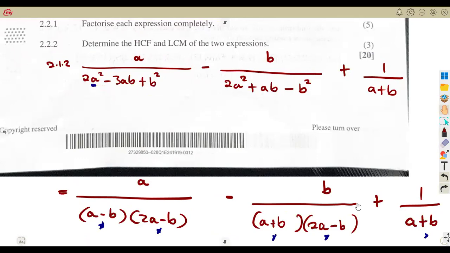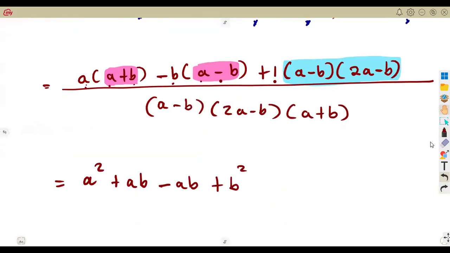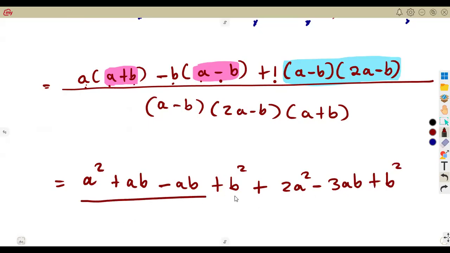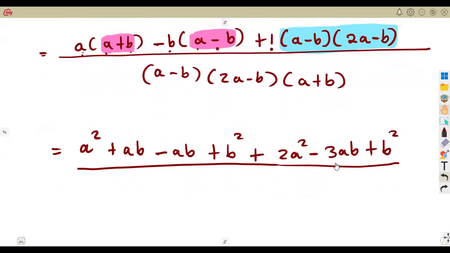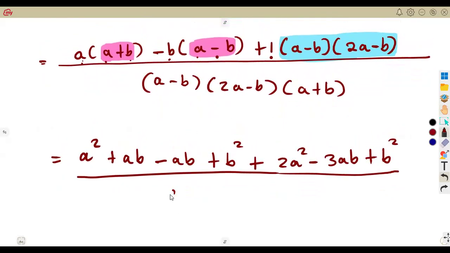So it will just remain as it is there. 2A squared minus 3AB plus B squared, like this. Everything over the denominator, which is our LCD, the one that we got, our LCM. A minus B, 2A minus B, A plus B, just like that.